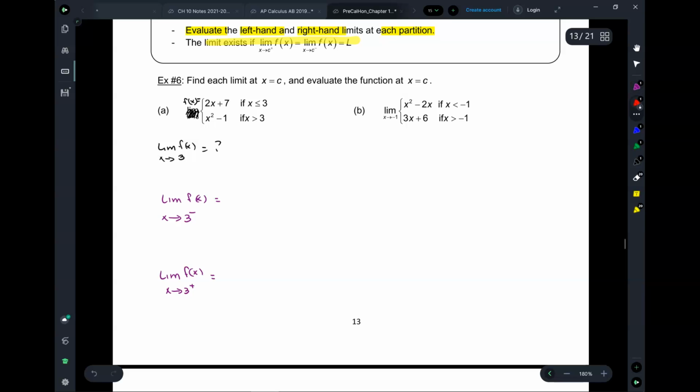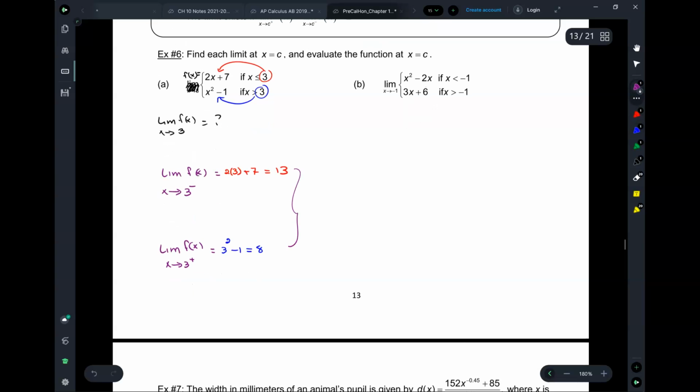Now, this top portion here is x less than or equal to 3. This is to the left of 3. So for 3 from the minus side, I plug this 3 into here, and I get 13. For the other one, I plug this 3 into here, and I get 8.